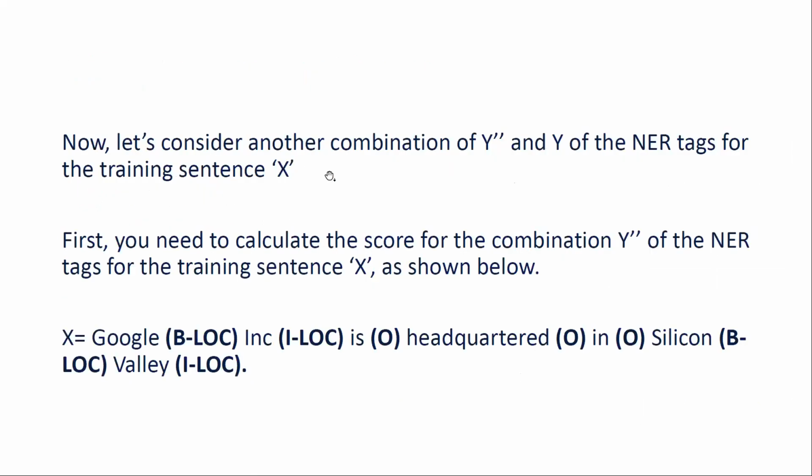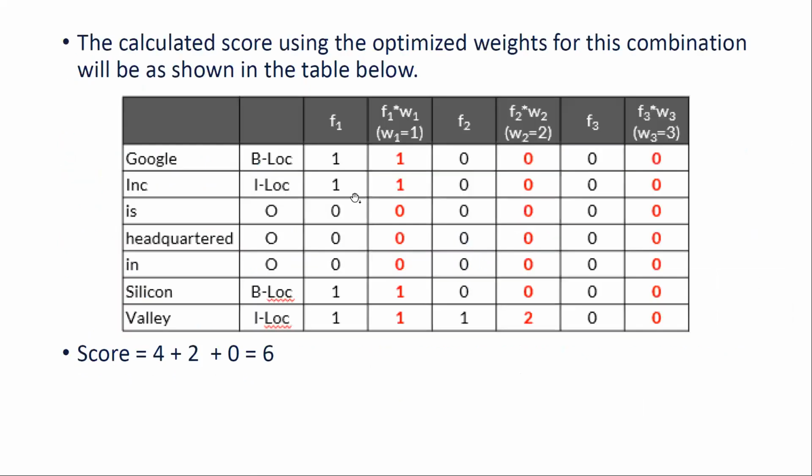Now let's consider another combination of y, the second version, and this is how it will look. For example, I have taken the second option where we had B-loc, I-loc, B-loc, I-loc for all the four words. Based on that, whatever the values would be, it will be 1 1 0 0 0 1 1. Similarly for others, and multiplying them with the feature weights, we will get values like this, the red column.